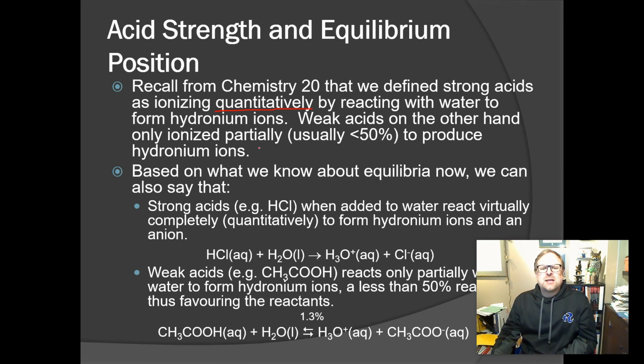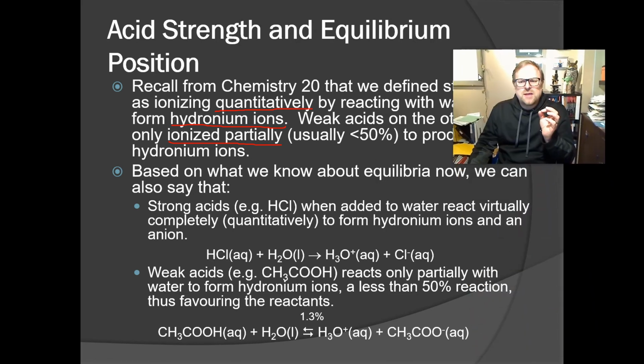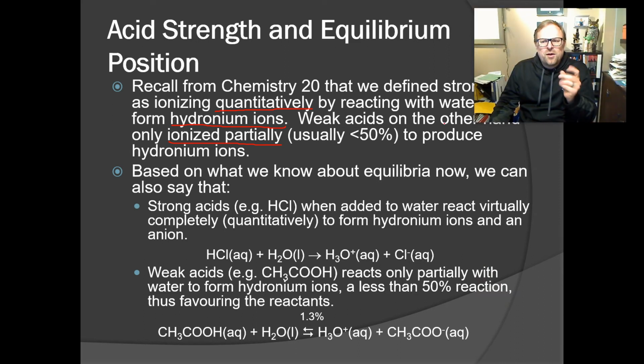Quantitatively, by reacting with water to produce hydronium ions. This is going to be true this year. Don't worry about that. And we said that weak acids, on the other hand, only ionize partially, usually less than 50% to produce hydronium ions. From the perspective of this unit, and where you guys have been doing your thinking now, this should look a little bit like equilibrium, right?